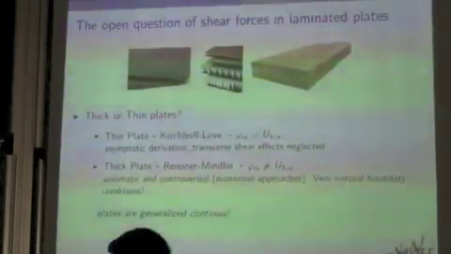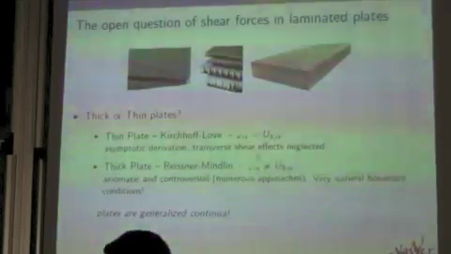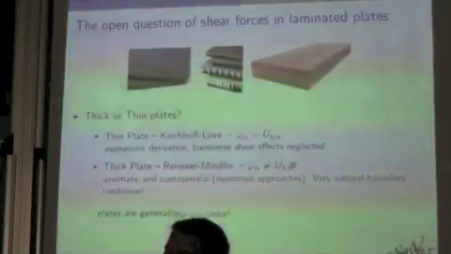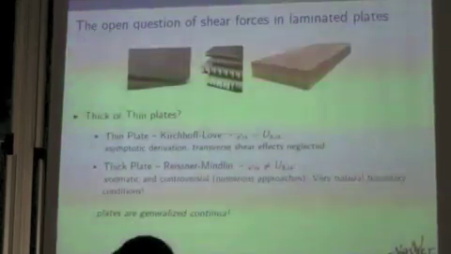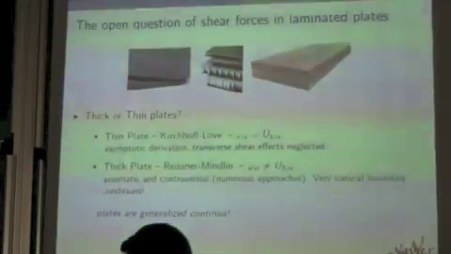Most engineers say this is just relaxing the link between the rotation and the gradient of the deflection. Some other people say it's a Cosserat medium, or Cosserat plane. So there are various ways of seeing this fact.